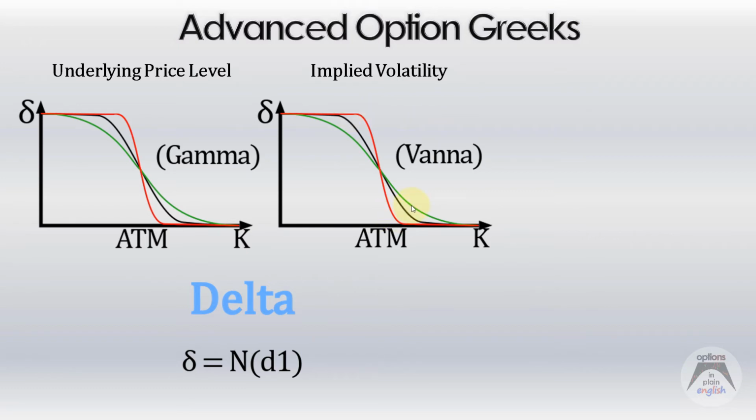Because the probability is higher for this one, the delta that's calculated for this one is going to be higher. And because of this, the overall curve is going to be more spread out.